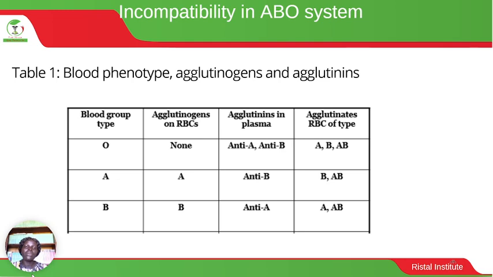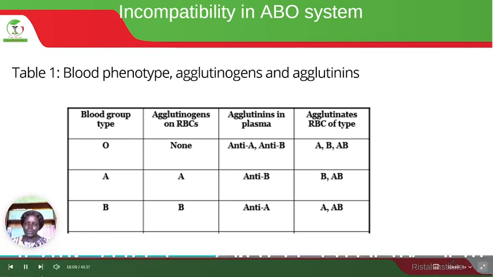So they are universal recipients. They can receive from any. Though we are talking about universal recipients and universal donors, we have to keep in mind also the issue of rhesus factor, as we shall look at it as we continue.